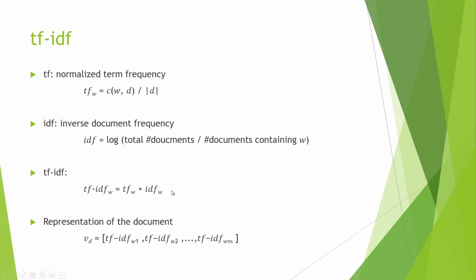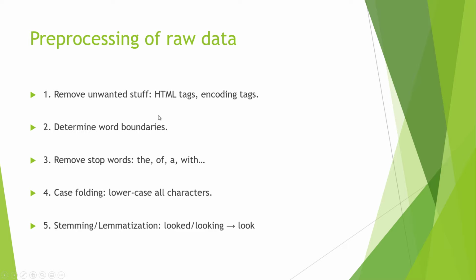And now that we have known what a bag of words is, we're going to introduce a representation called TF-IDF. And if you recall that during pre-processing of raw data, one of the key features that we should achieve is that we should remove all stop words.